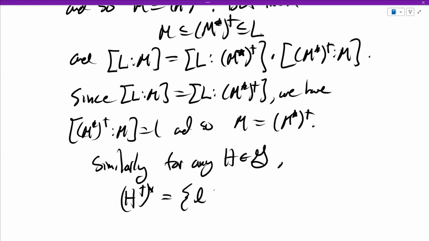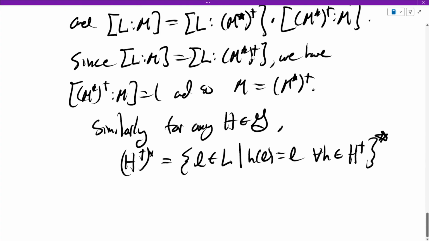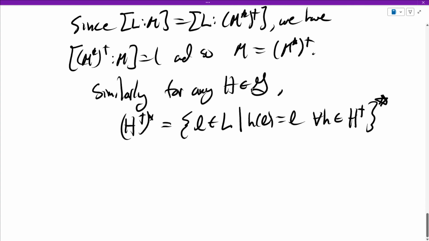It's the collection of all l in L such that h(l) = l for all h in H. Then we take star of that. So what's star of that? Let me call this H dagger. This is the Galois group of L over H dagger.